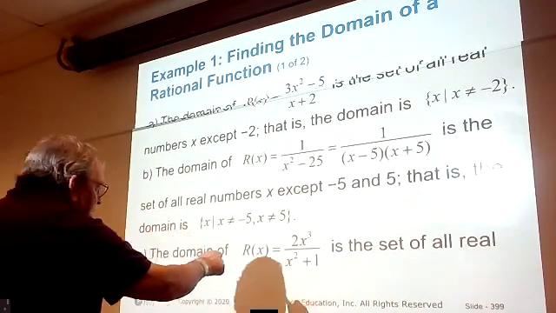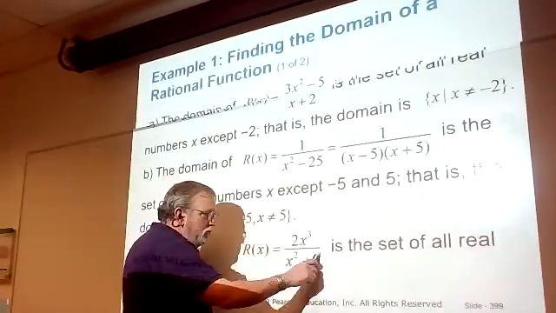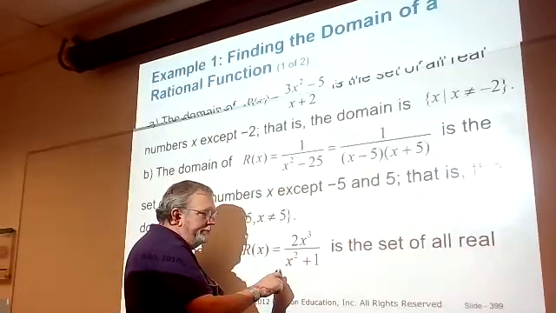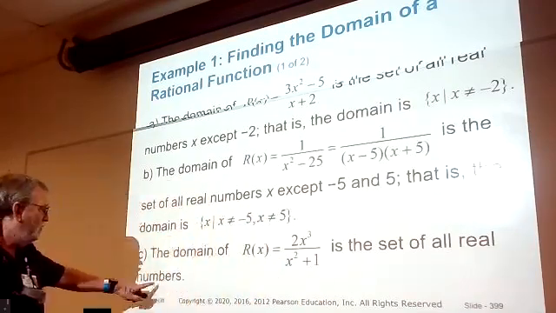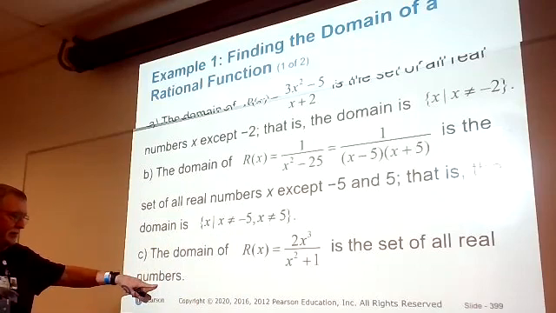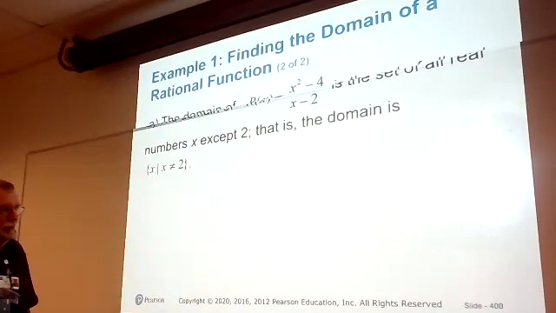So because this will never equal 0, I can put any number in for x. So that's why the domain here is all real numbers.